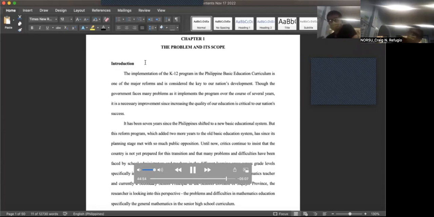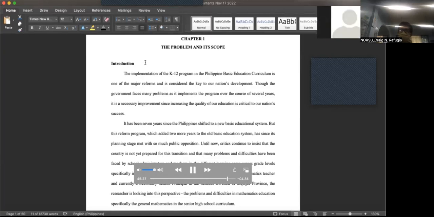Then you are going to have 1.5 spacing, not double space. Font size 12, and font type Times New Roman. Do you follow?